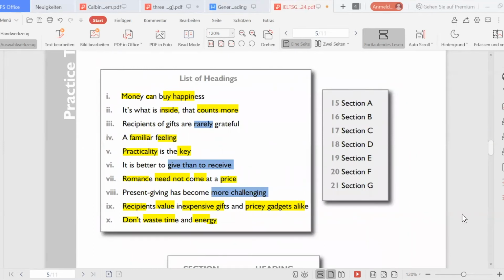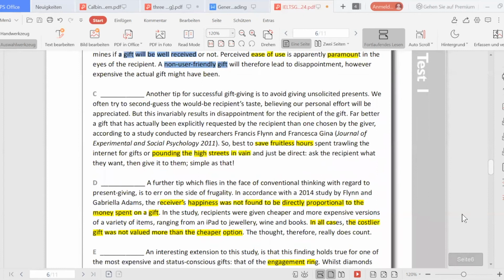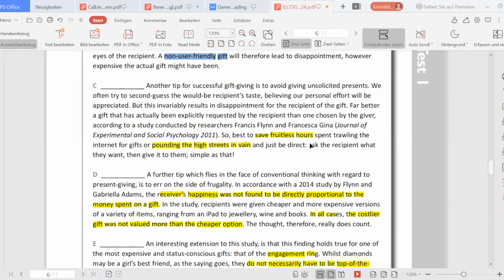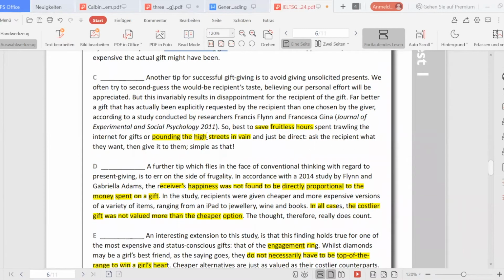And that is what this sentence is saying. Save fruitless hours. Fruitless hours means a lot of time taken to do something that brings you nothing, no advantage whatsoever. And then energy, pounding the high streets in vain. It means walking the high streets in vain.